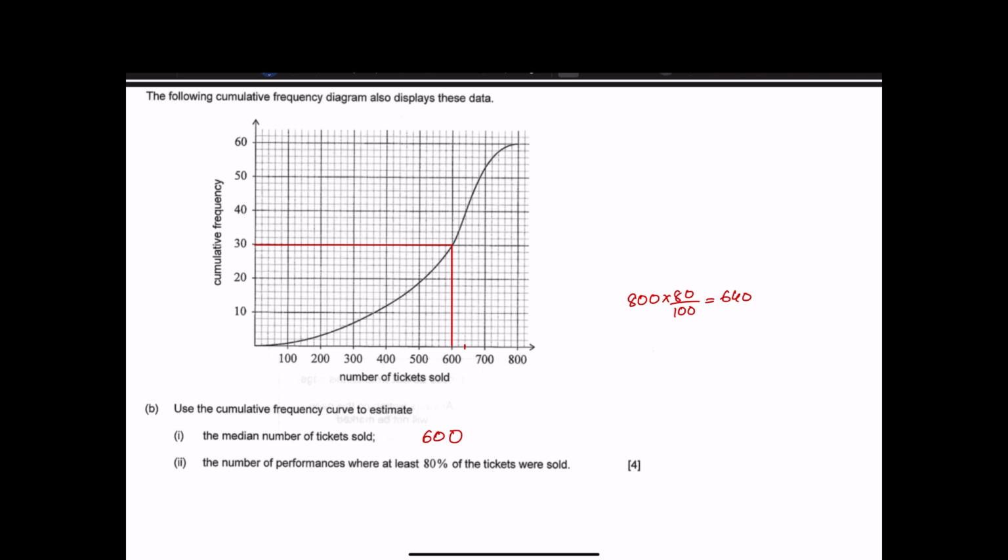So if I just go up here, so for 40 performances, you have less than 640 tickets sold, and more than 640 tickets sold in 20 performances. So this will be 60 minus 40, which is 20 performances.